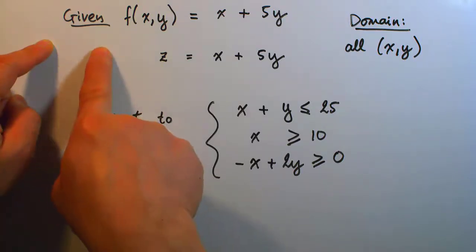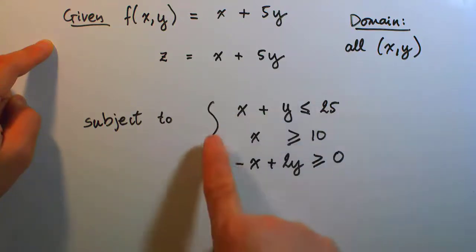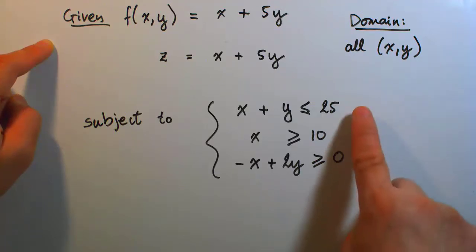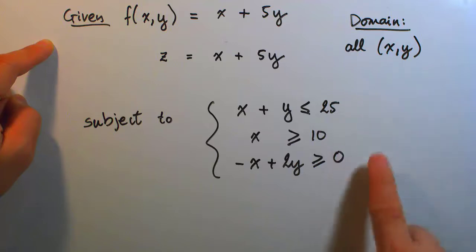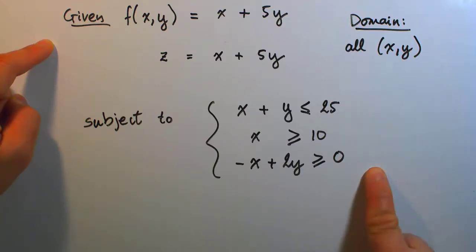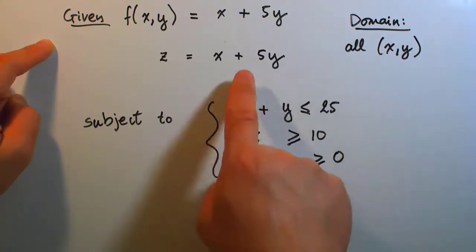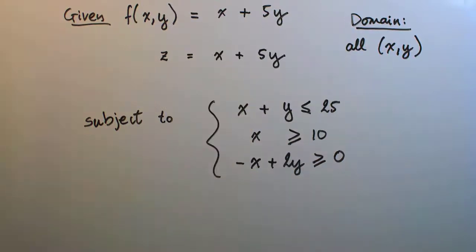After a function is given, it's subject to a few inequalities being listed here. And notice we've seen these linear inequalities previously in our other video lessons. So what are these inequalities doing to our linear function in two variables here?